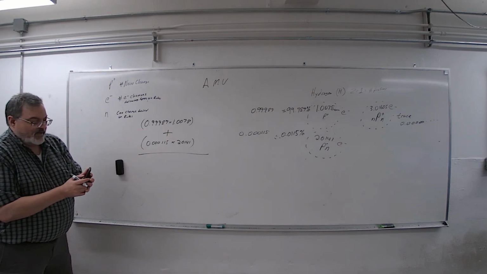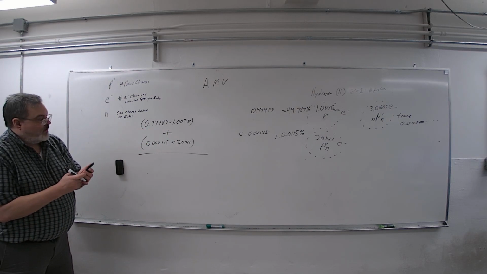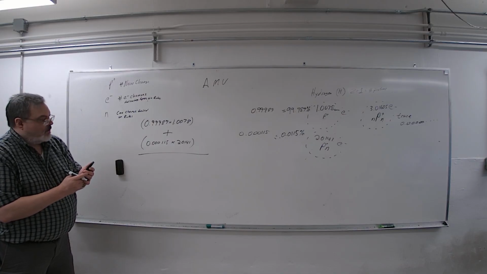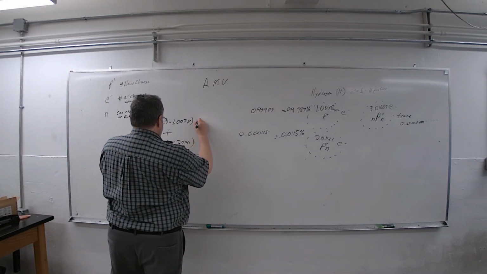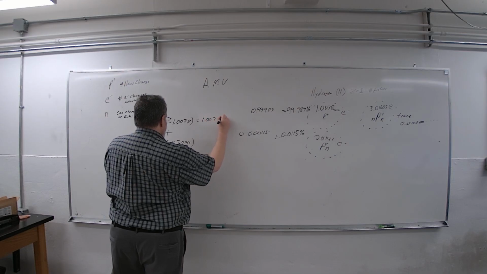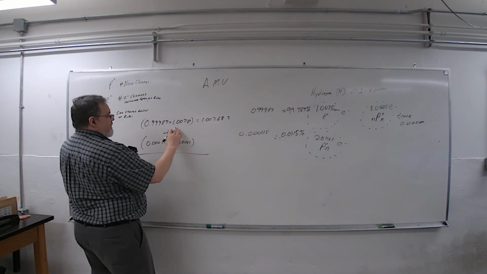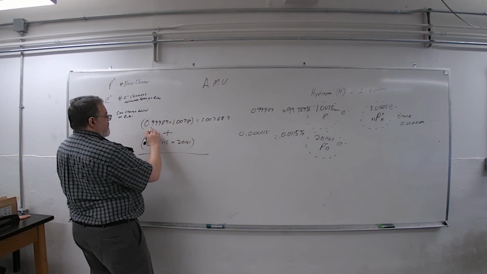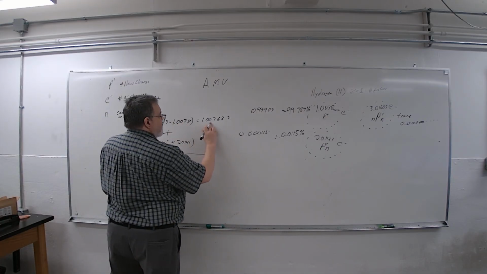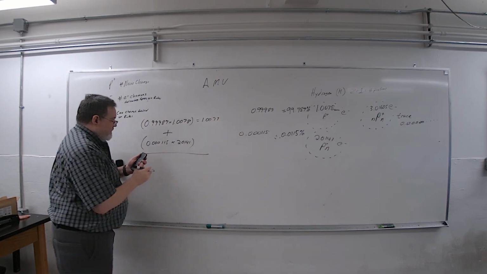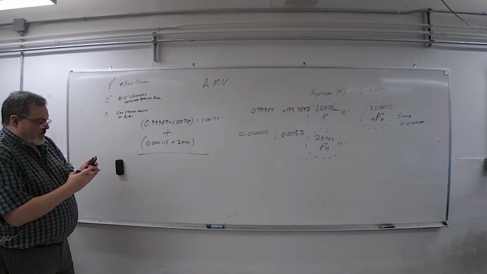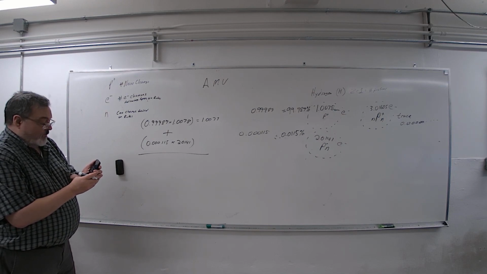If I calculate these out, this equals, if I follow the rules, do that if I'm following the rules. 5 times 2.0141.